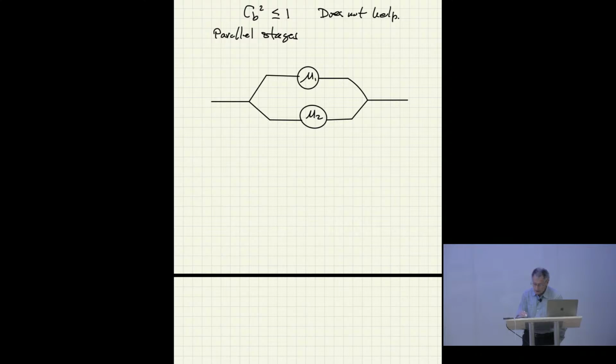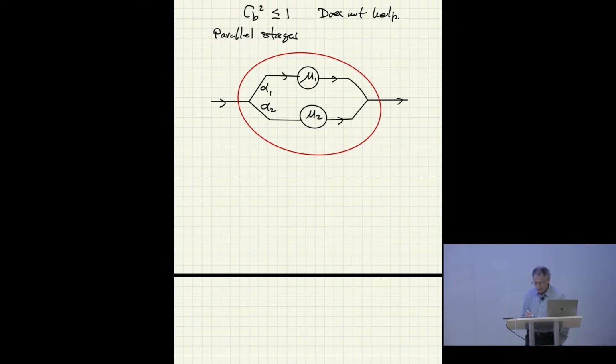And this thing in red is the service facility. And let's assume that with probability alpha sub 1, they choose mu1, and with probability alpha 2, they choose mu2. Clearly, alpha 1 plus alpha 2 is going to equal 1.